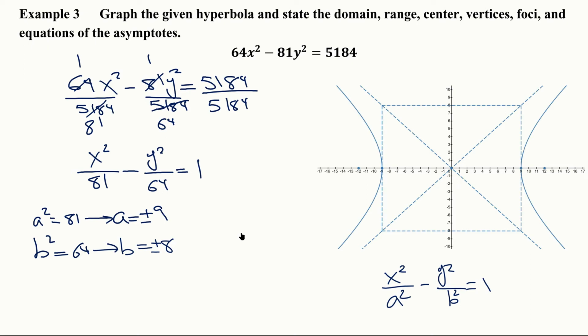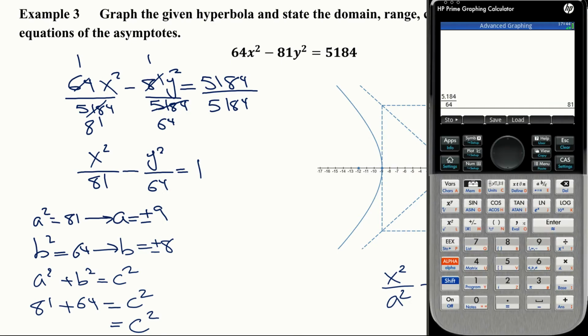All right. We can find c because a squared plus b squared equals c squared. So 81 plus 64 equals c squared. So c squared equals 81 plus 64.